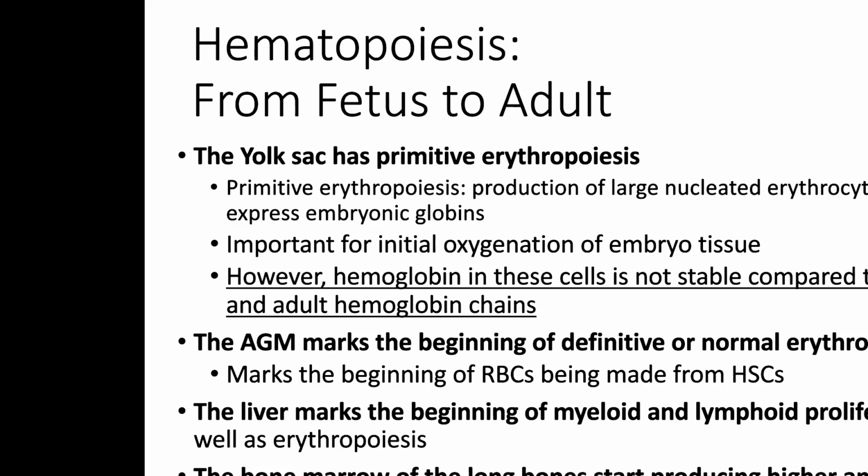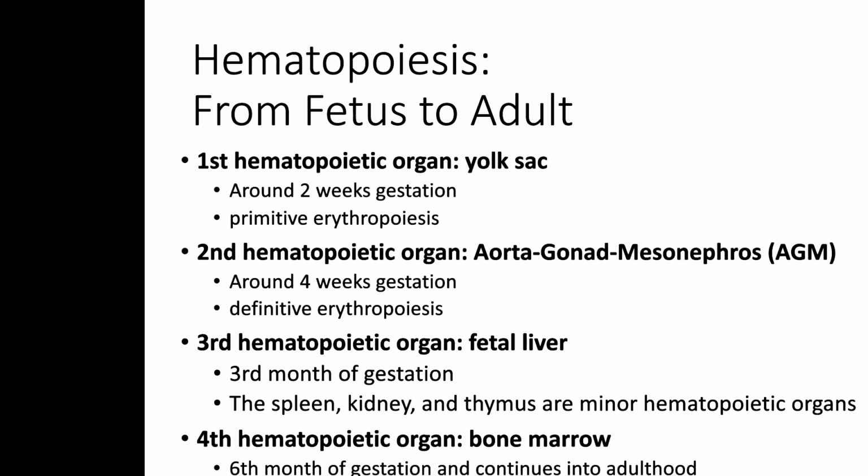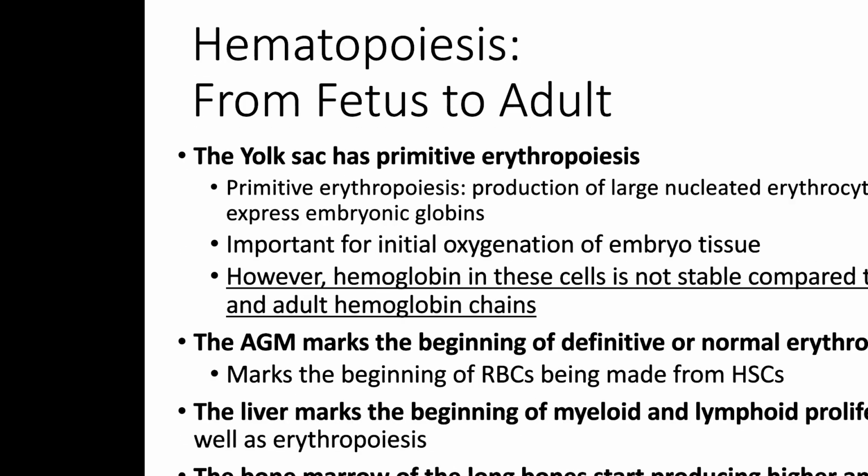The AGM, around that 4 weeks mark, is going to be your definitive or normal erythropoiesis, where the proper development starting from hematopoietic stem cells turning into mature red cells will begin. When your liver starts becoming involved, that marks the start of your myeloid and lymphoid cell development.